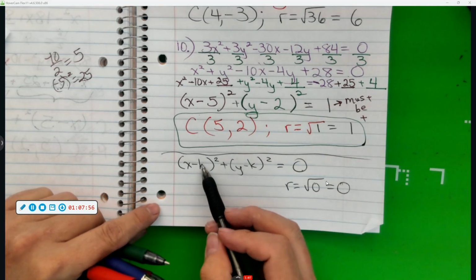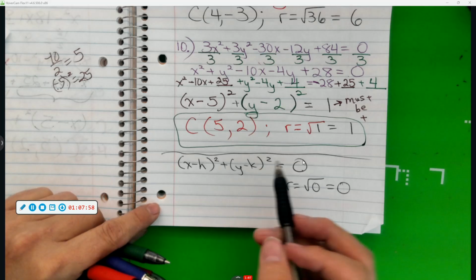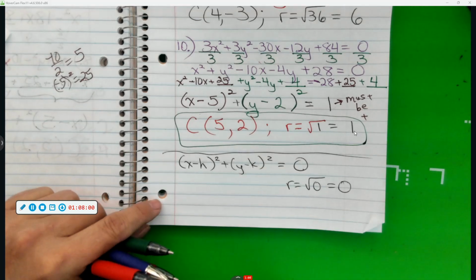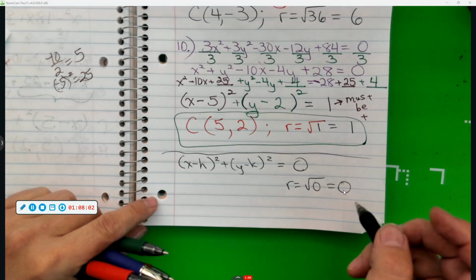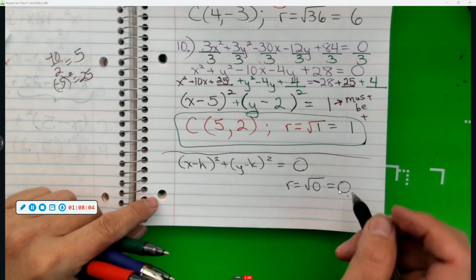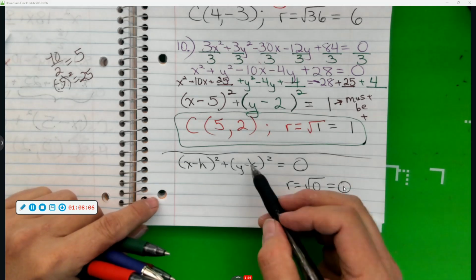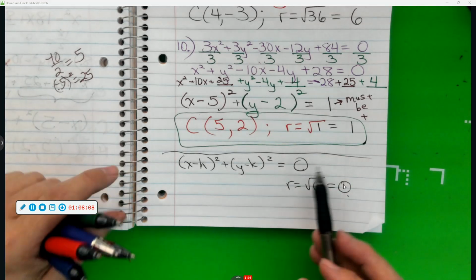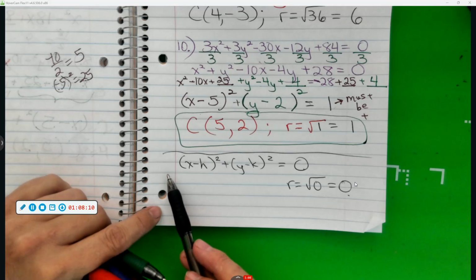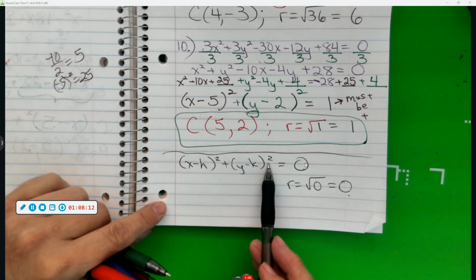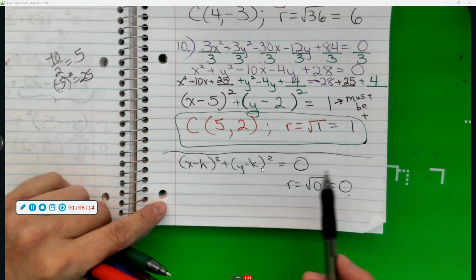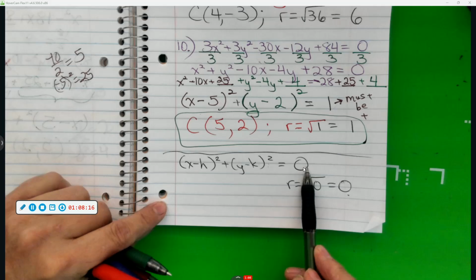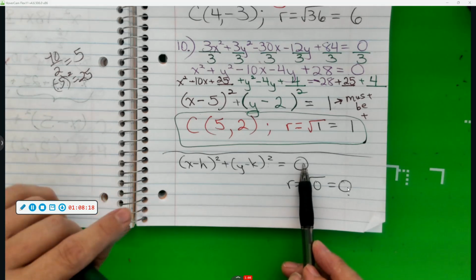0. So you'd have the center, but how many units up, down, left, or right would you move? 0. It's just an ordered pair. All you'd have is the center point. If you have the center radius form on the left side and a 0 on the right, then you're looking at just a center point.